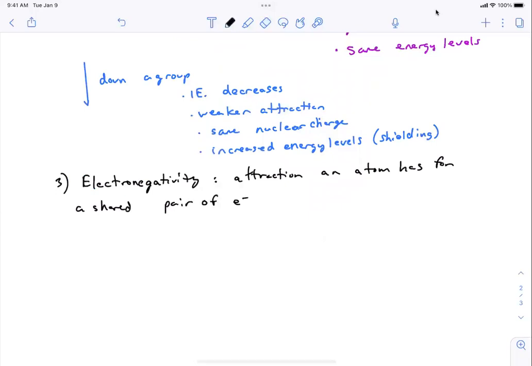Essentially, how much is that atom pulling on a shared pair of electrons in a covalent bond? And this is a relative scale, by the way, with respect to each element. It's not an actual measured value based on something. It's just comparing them when they're bonded to each other.